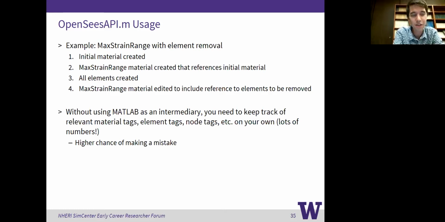Without using MATLAB or Python or whatever as an intermediary, it's up to you to keep track of all those material tags, element tags, node tags, and that's just a lot of numbers, and it's really easy to make a mistake that way.